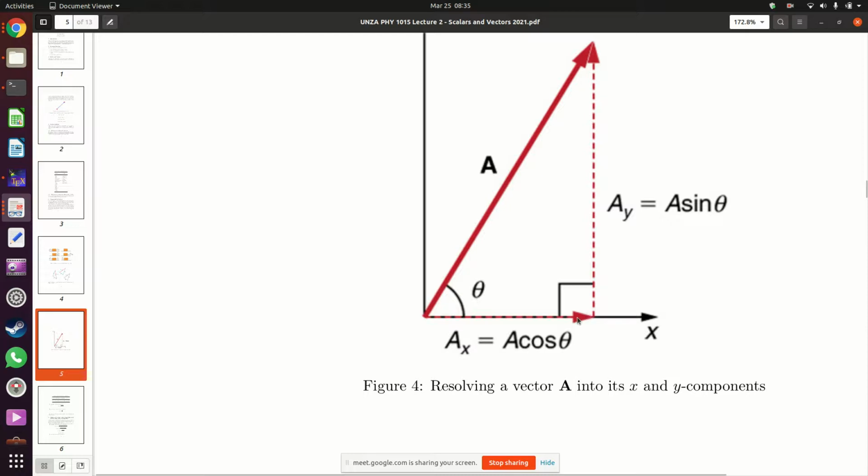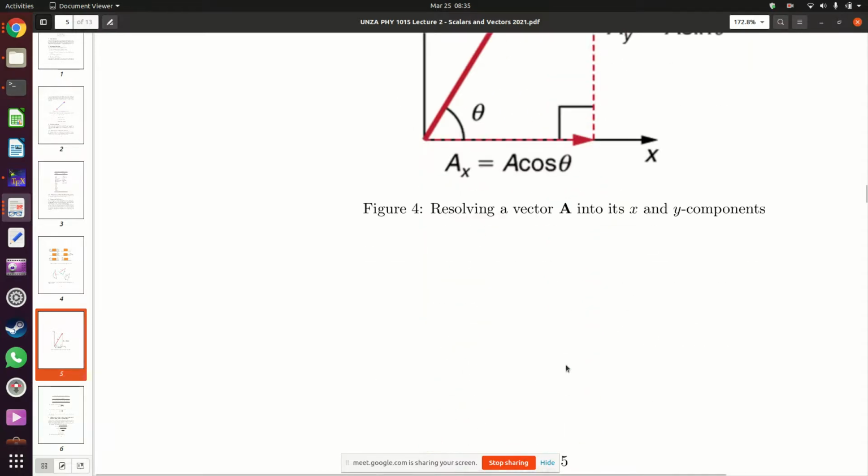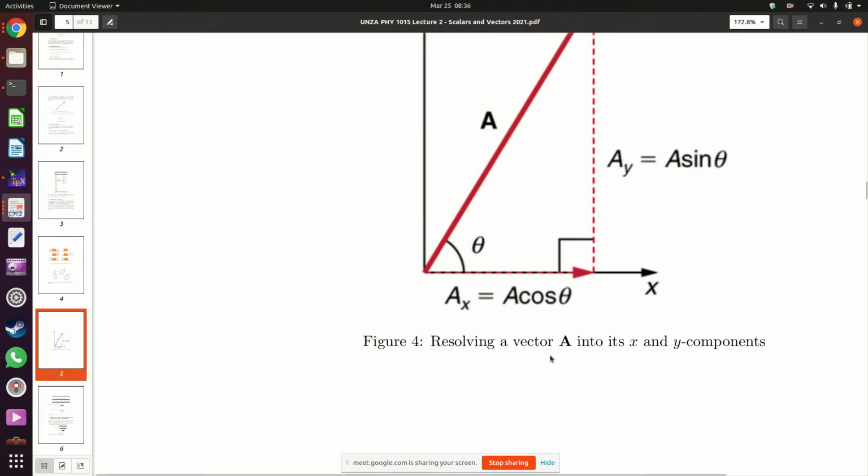So a component is actually a special vector which points in a specific direction. Look at this one here. The length tells you the size of the vector, then the arrow tells you the direction. So these components are special vectors which are restricted to pointing in specific directions, along the y direction and along the x direction.